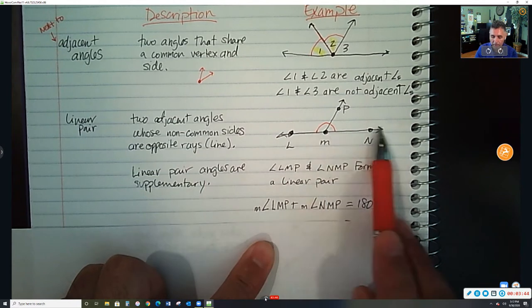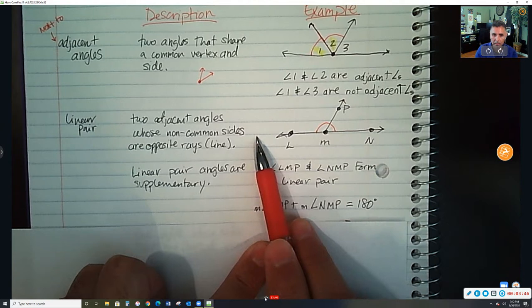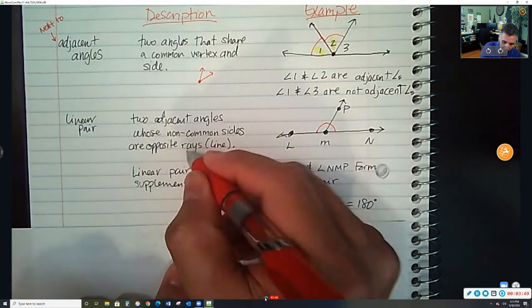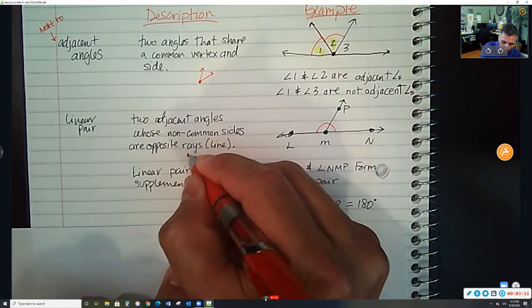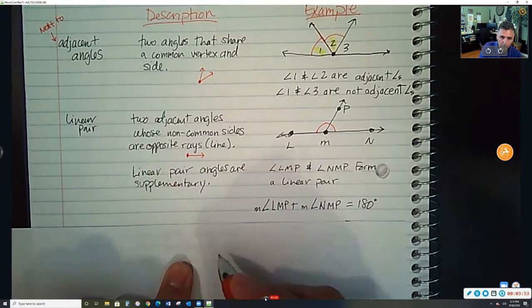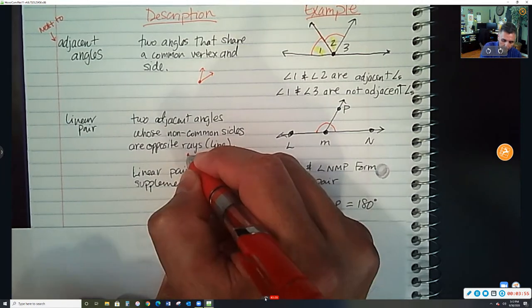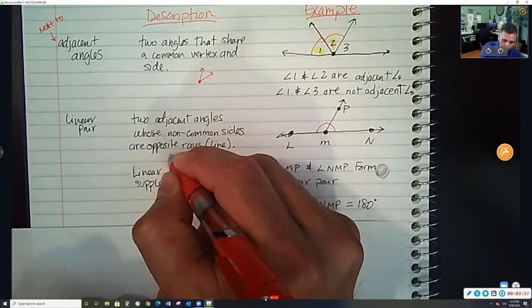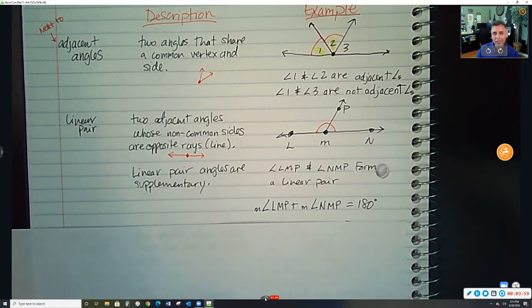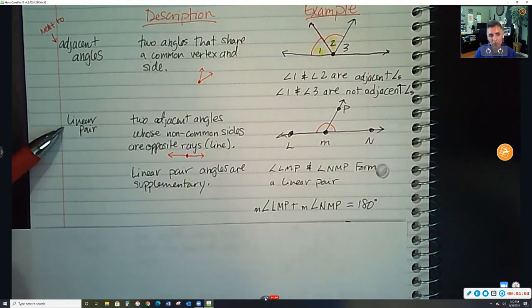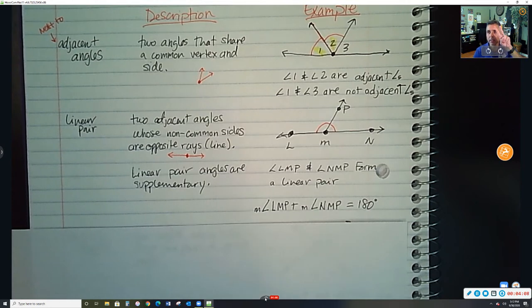The ray goes in this direction and in the opposite direction. Remember, for an opposite ray, that's a point and a ray, and then the opposite ray just goes in the opposite direction. Well, that's basically a line. And I like to call it a line more so because of the name. It's a linear pair. So it's 2 angles that come together to make a line.